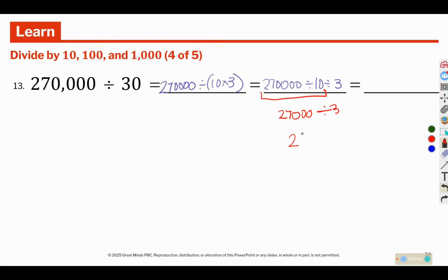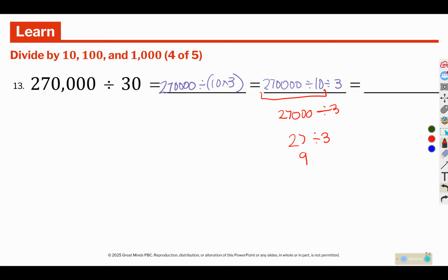Do you know what 27 divided by 3 is? I know that 3 times 9 makes 27. So this is 9, but it wasn't 27, it was 27,000.